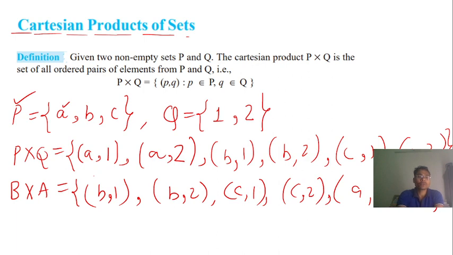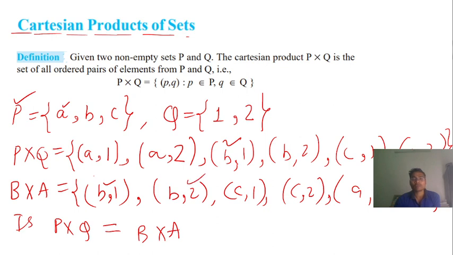and when it comes to the statement that P cross Q is equal to B cross A, then we have to check each and every element of P cross Q and B cross A. B1 is here, B1 is here, B2 is here, B2 is here, C1 is here, C1 is here, C2 is here, C2 is here, A1 is here, A1 is here, and A2 is here, A2 is here.